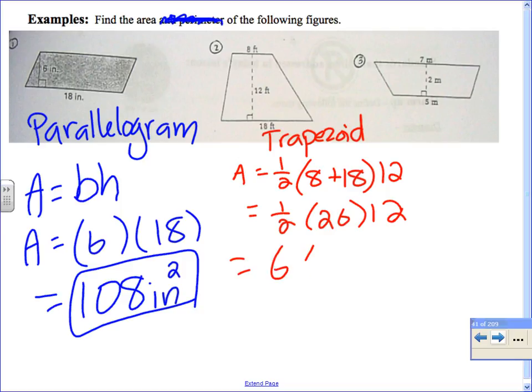Good. So when you get down to the whole details of solving, that is completely up to you how you want to solve.